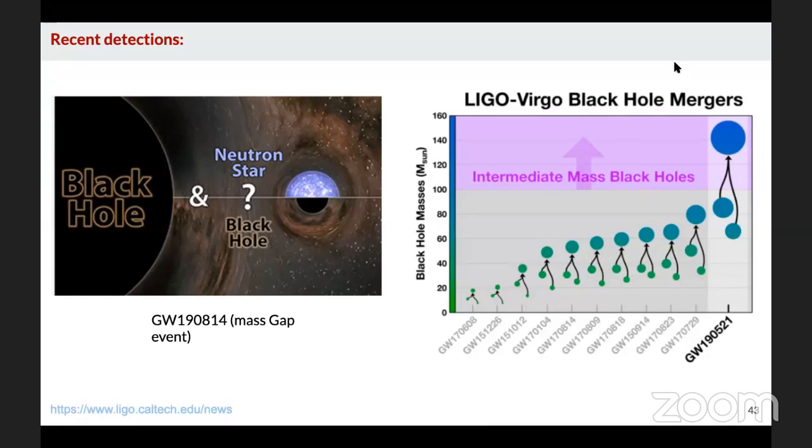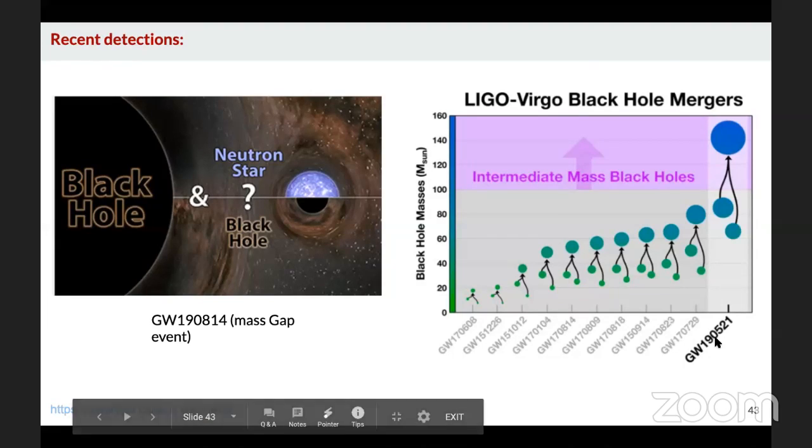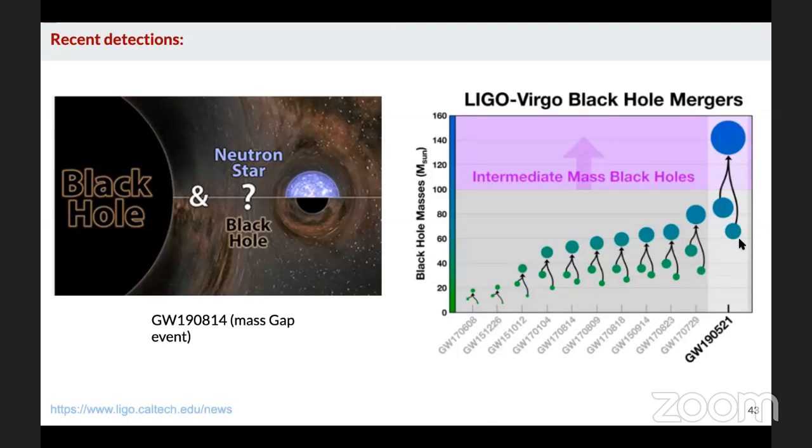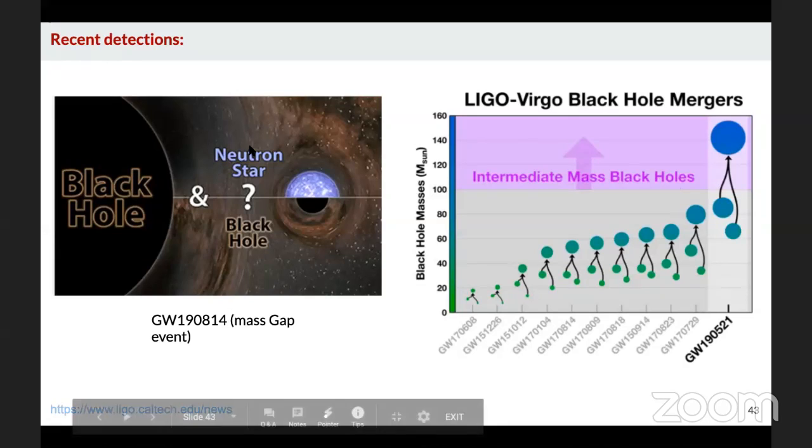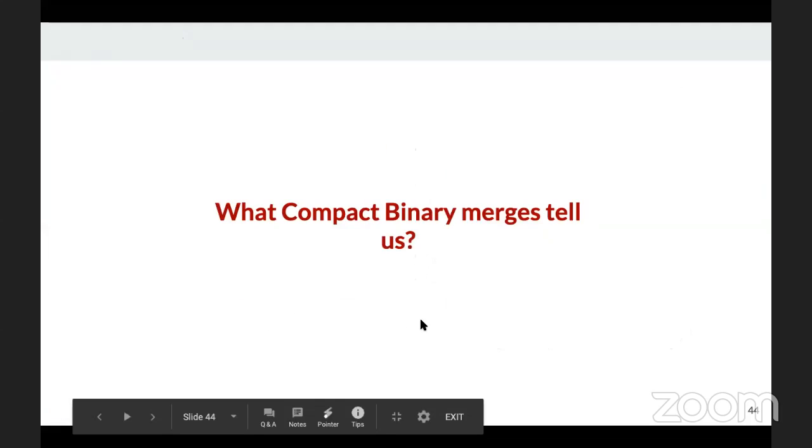The detection of this particular gravitational wave event opened a new window where we study how hierarchical mergers of small black holes give rise to a bigger black hole. This study is ongoing, and people are trying to understand whether there are more sources like this in nature, or whether they fall in this category. These are the recent detections, and they are pretty exciting.